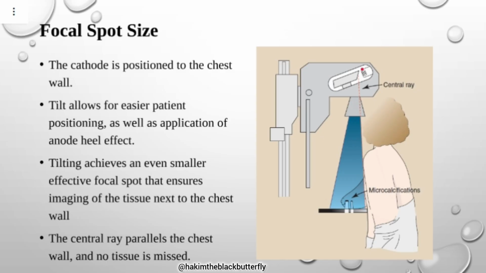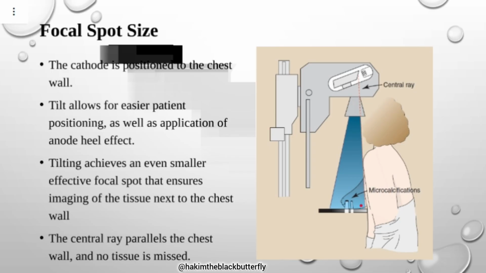So that tilt is what I've been talking about. This X-ray tube is tilted a bit such that you can achieve this line focus principle, which has to be parallel to the chest wall, such that we have a uniform intensity of radiation all across the breast.